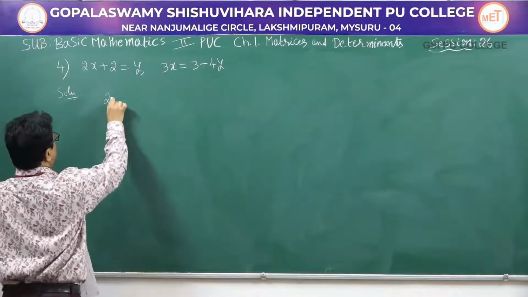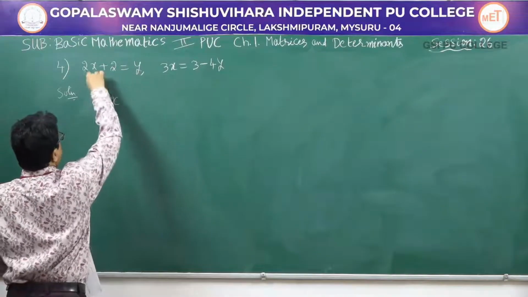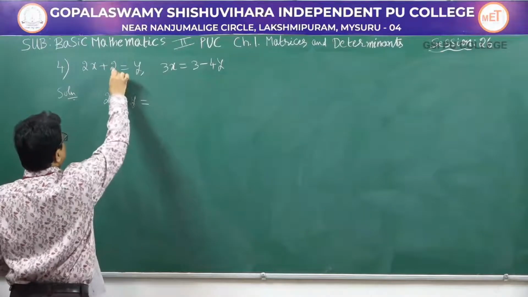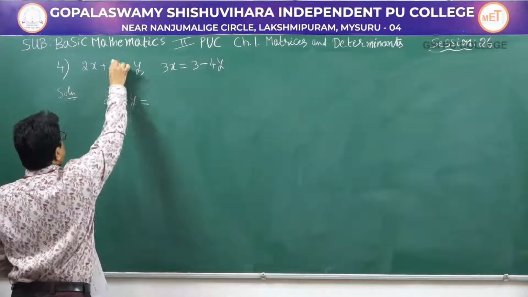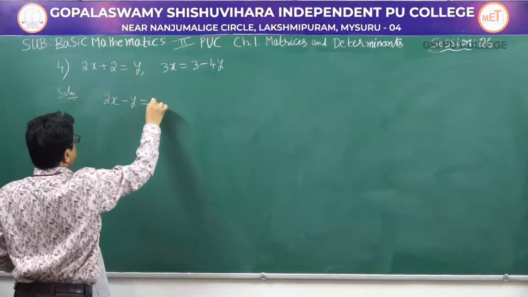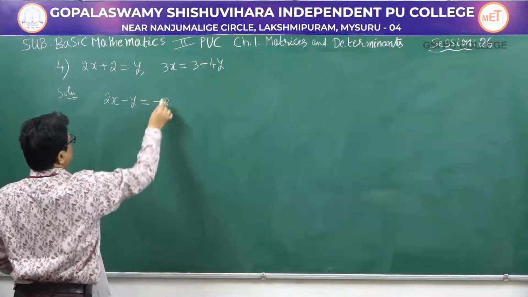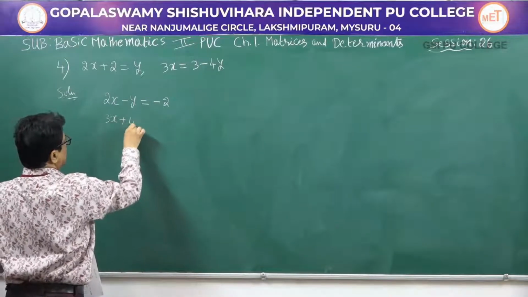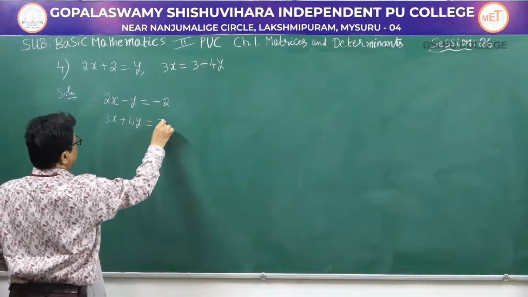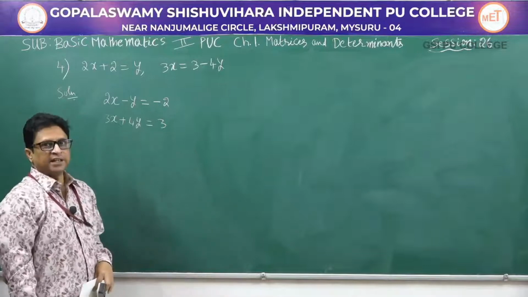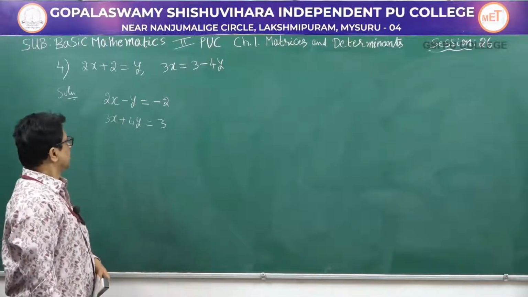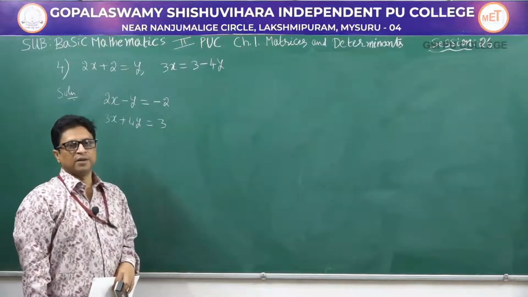That is 2x, this y term should go to the left hand, minus y equals constant term should go to the right, that will be equal to minus 2. And the second equation becomes 3x plus 4y will be equal to 3. Here there are two equations and therefore you have to find the values of x and y.